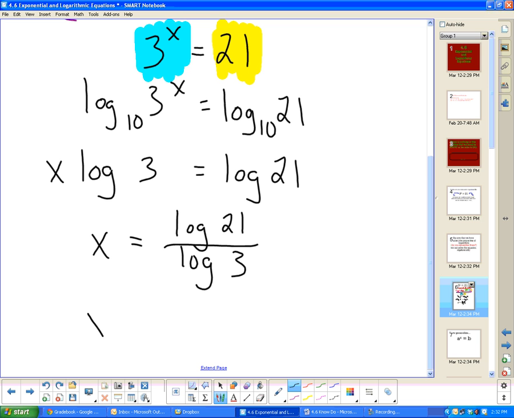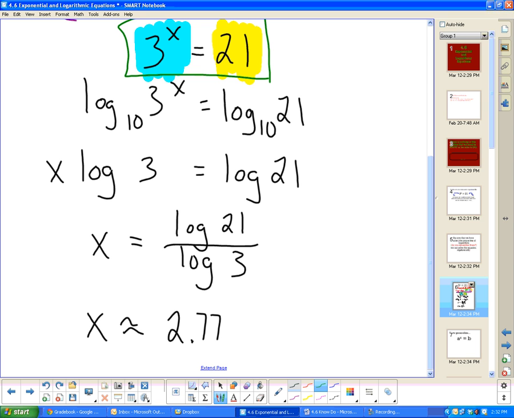Because I chose common logarithms, I can evaluate that statement on my calculator, and I get an approximate answer of 2.77. That should make good sense, because if I look at my original equation, 3 to the x equals 21, we know that 3 squared is 9 and 3 cubed is 27.